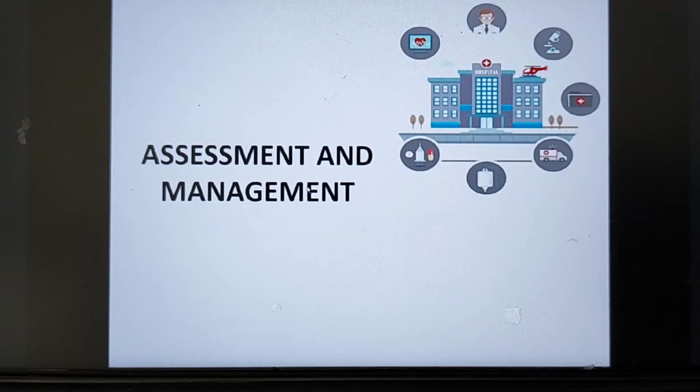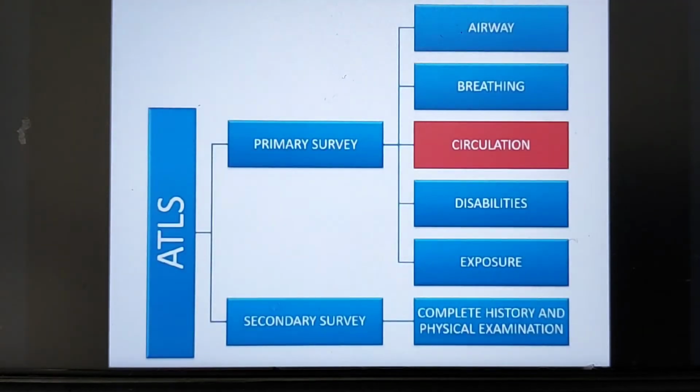So moving on to the very important part of today's topic, assessment and also management. When a patient presents with intra-abdominal injury, first of all we must do a primary survey, which consists of A, B, C, D, and E. A is airway patency: we look for any airway noises or foreign bodies in the airway.